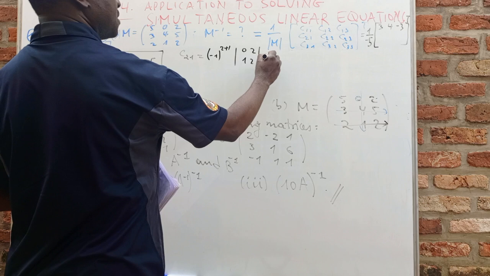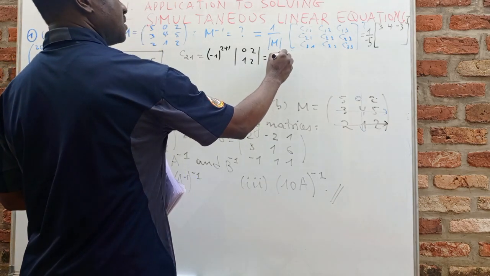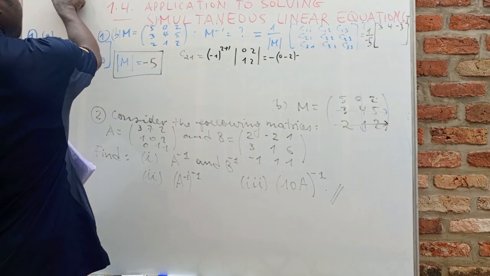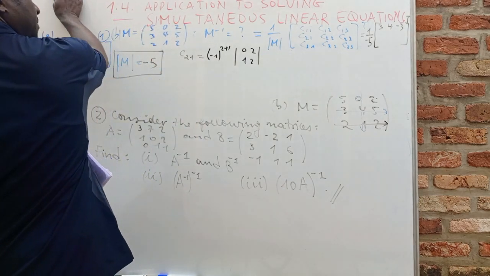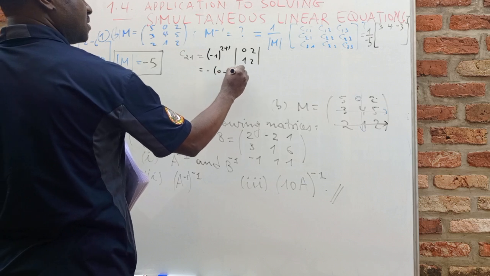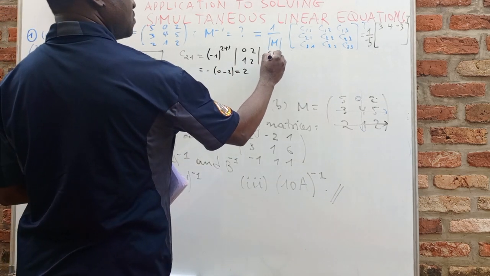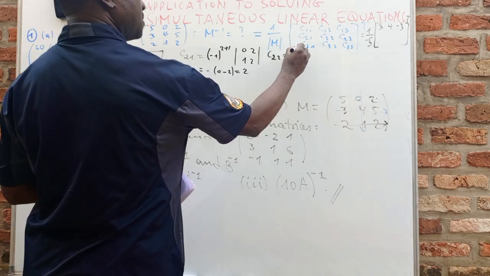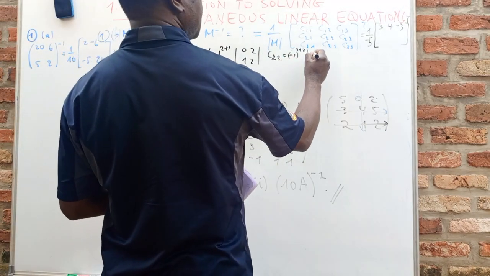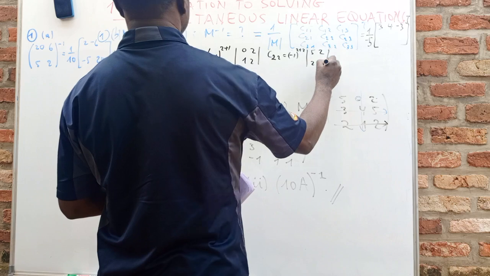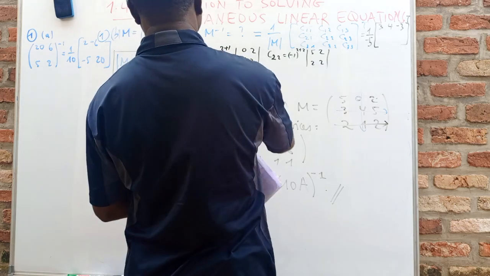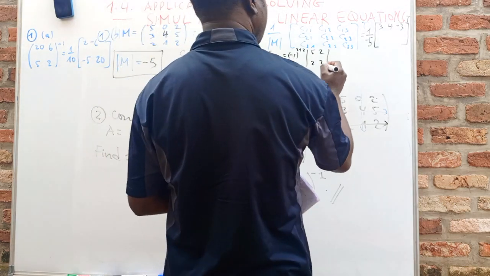So this matrix is negative, 0 minus 2. In order to save space, I'm going to write it over here. This is negative, 0 minus 2, which is 2. Now C22 is equal to -1 to the power 2 plus 2, determinant of 5, 2 and 2, 2, because we are looking for the cofactor of this middle coefficient on the diagonal.